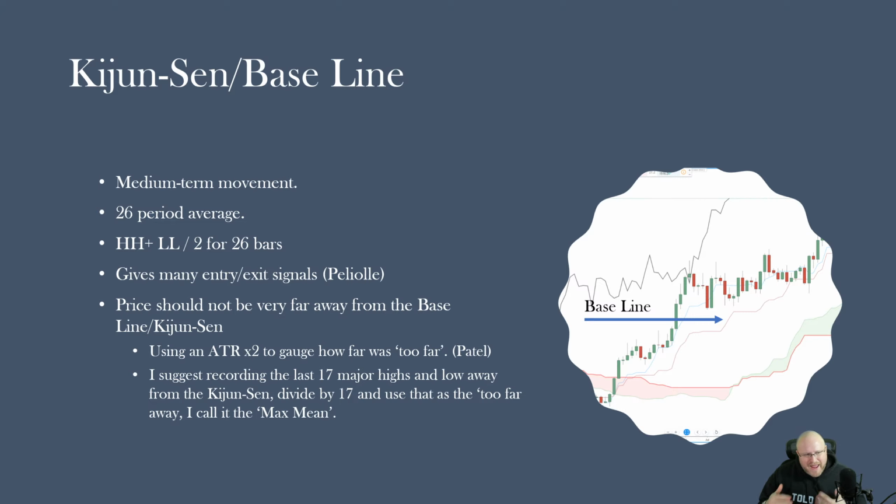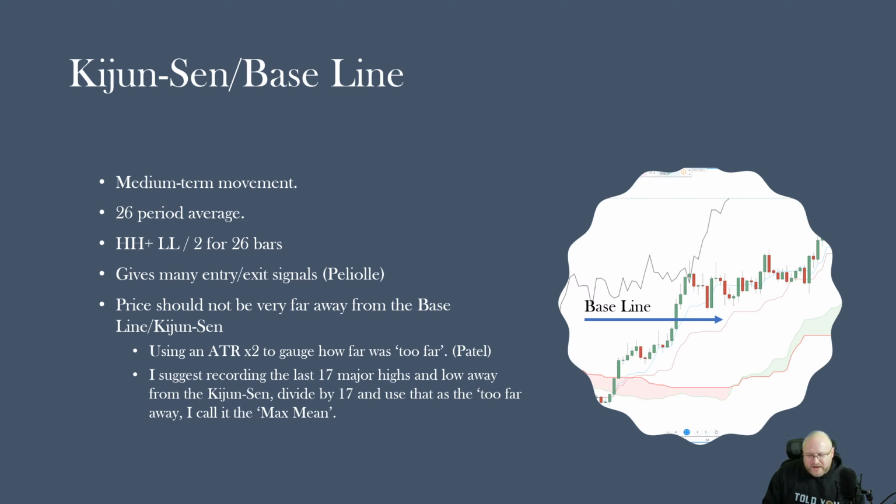There's also kind of like a max mean that I call it, that prices move, and we'll get into that too. In other words, this is more for long term swing trading, but there's a range that each instrument on each time frame likes to move before it corrects back to the Kijun Sen.